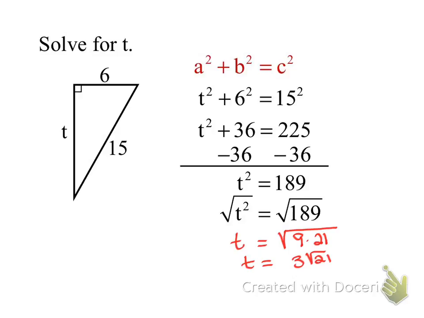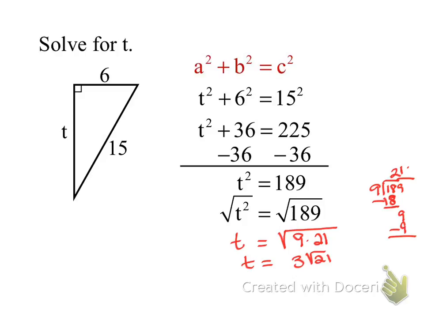You guys understanding that? Hannah, are you clear? Yeah, I think so. I just said 9 goes into 189, 21 times. So I did 9 and 21. The root of 9 is 3, so it's 3 rad 21.